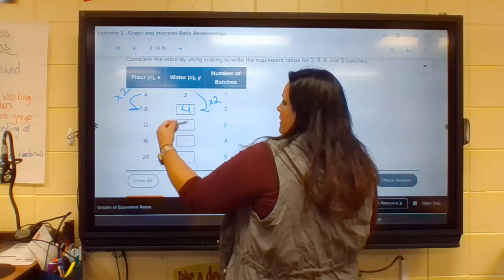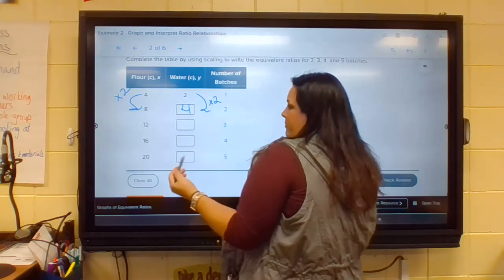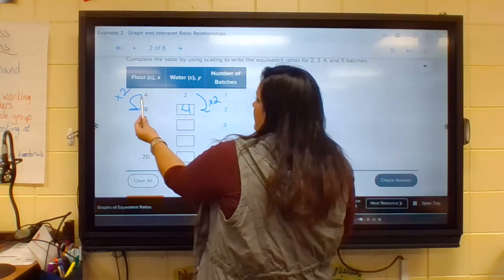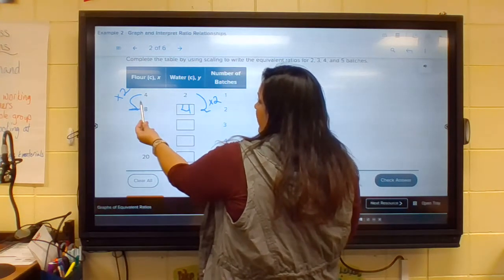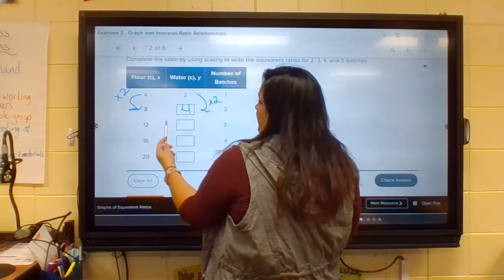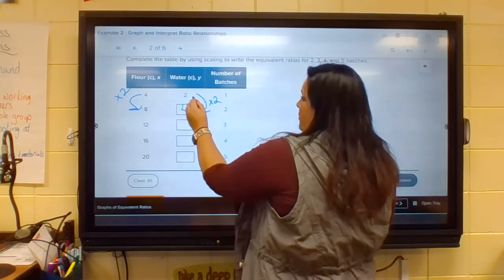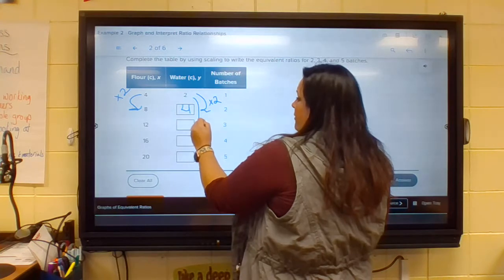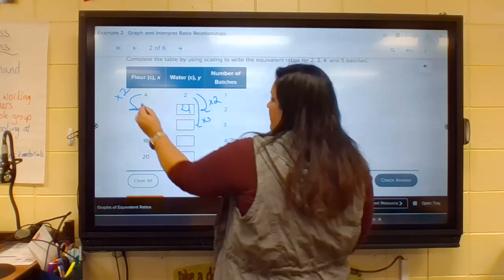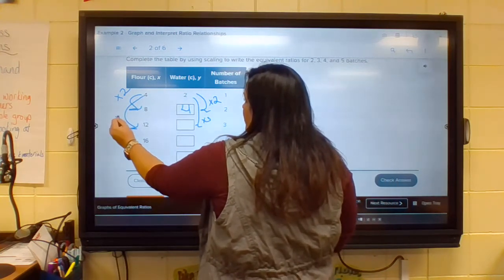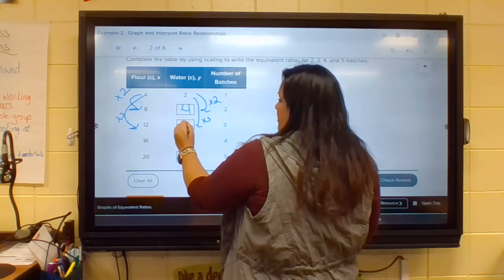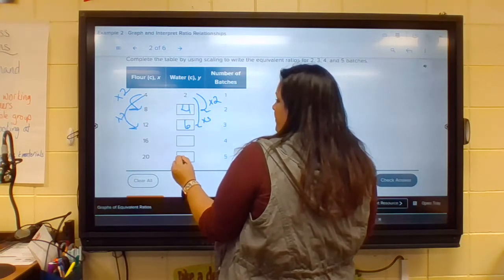Now, does this look like the same relationship? It does, it should, right? This is half of that. This is half of that. And we're continuing to do that. Now, if we're doing 3 batches, we're going to go times 3, right? 4 times 3 is 12. So 2 times 3 would be 6.